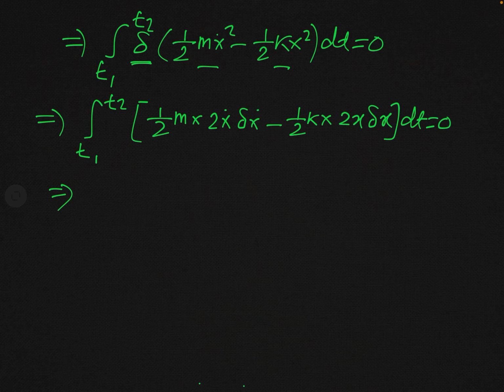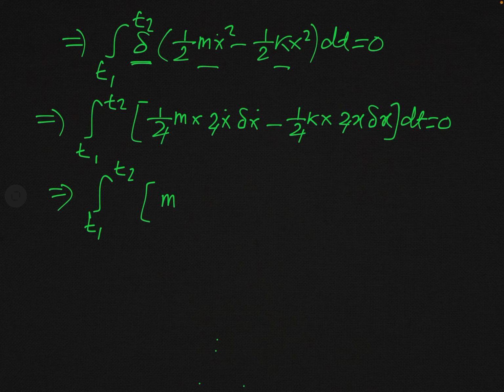Now you can see this equation may be written as the integral t1 to t2. See here, this half and this 2 will cancel. Here also this 2 and this 2 will cancel.